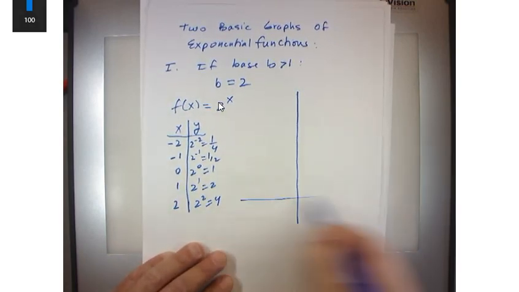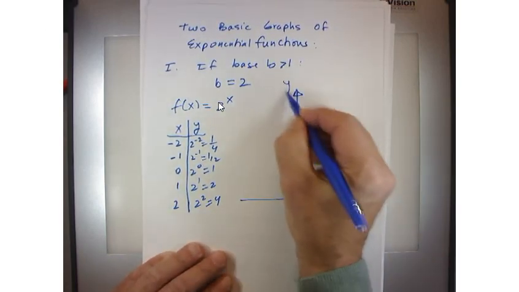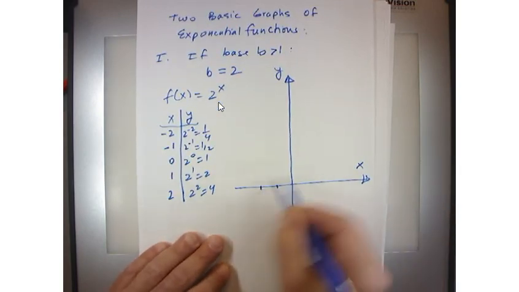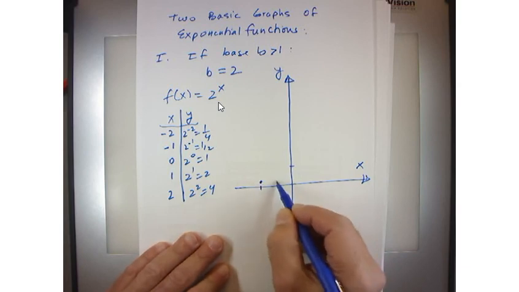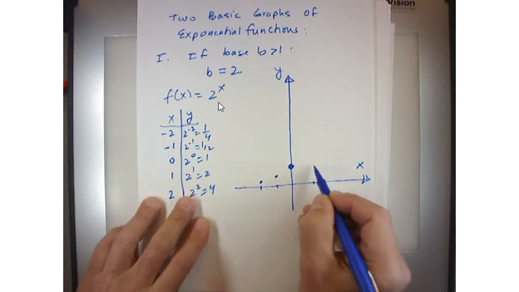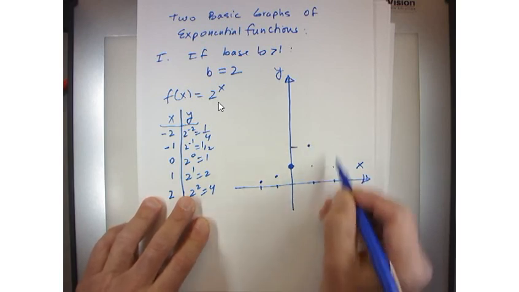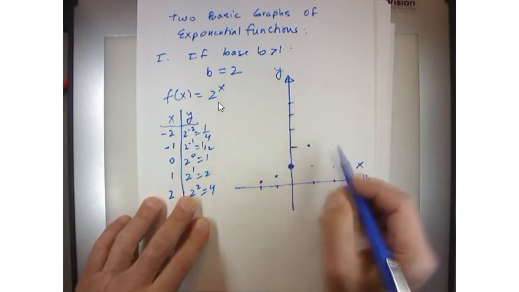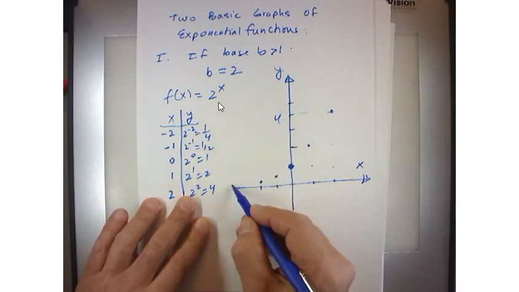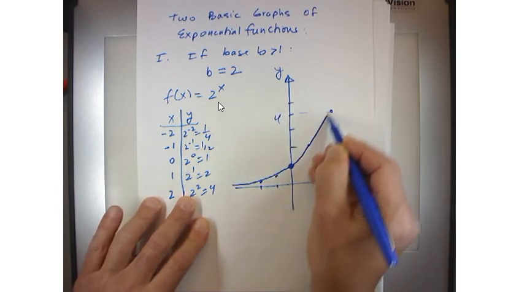And if you graph it, you get negative 2, a quarter; negative 1, 1/2; 0, 1; 1, 2; and then 2, 4. And you can see the pattern. It's an exponential growth function.